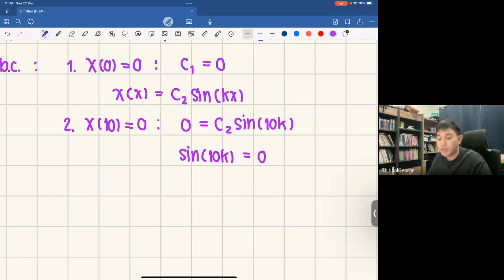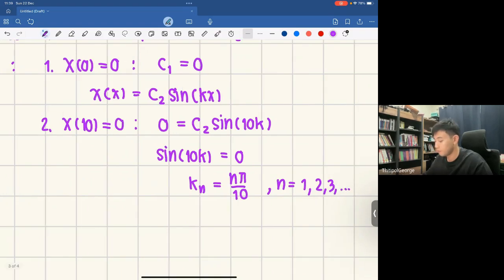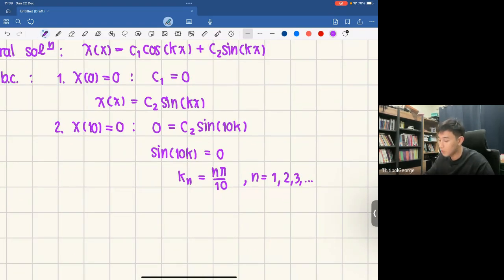So we will get that k, let me use kn, should be equal to n pi over 10, where n is supposed to be 1, 2, 3, and so on, since we know that sine of n pi, in which n equals 1, 2, 3, 4, gives you 0.